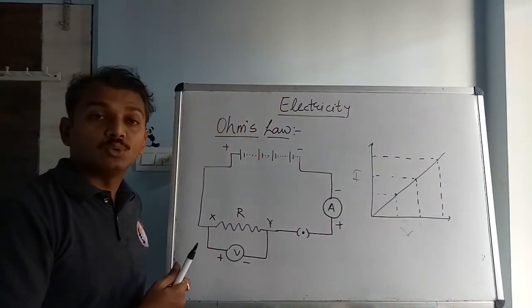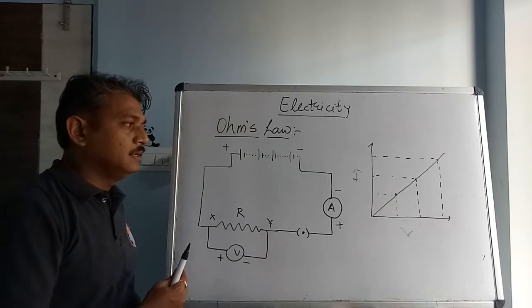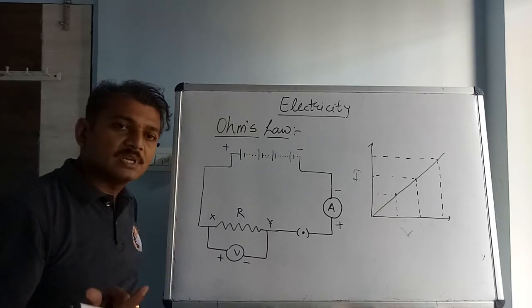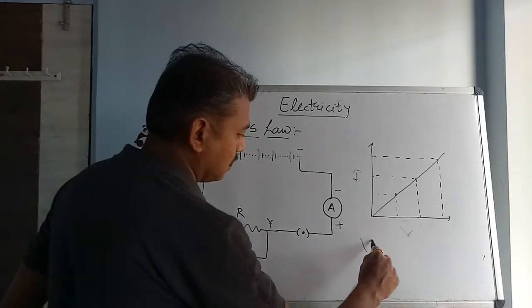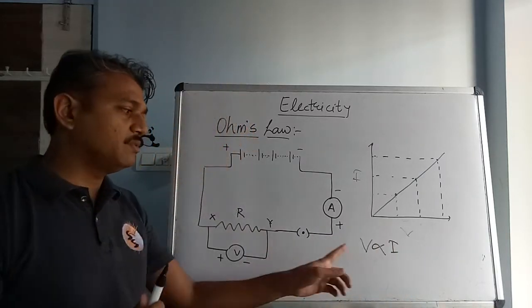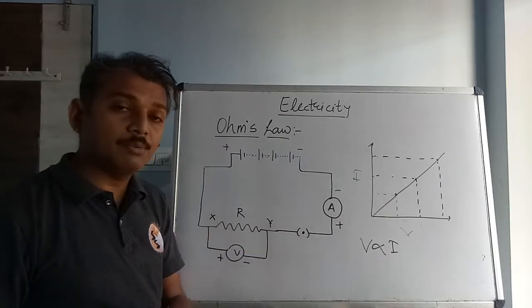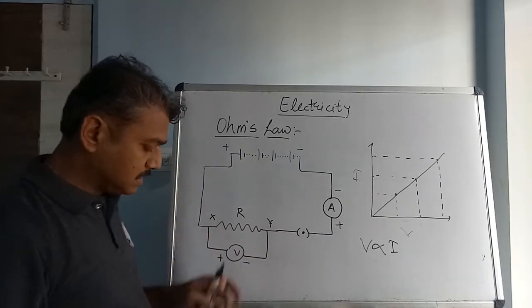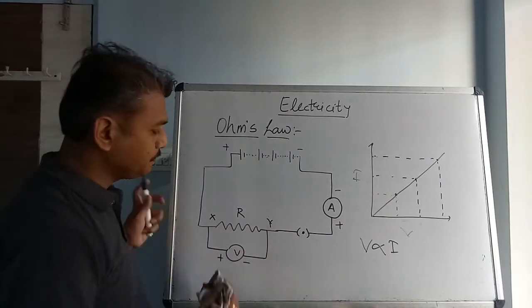This experiment shows that potential difference and current are directly proportional to each other. Potential difference and current are directly proportional to each other. By this experiment we can conclude this.